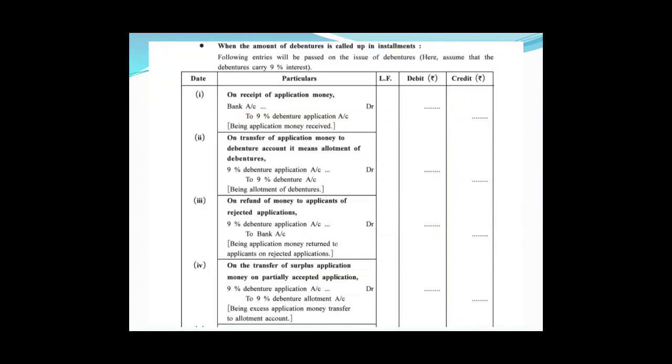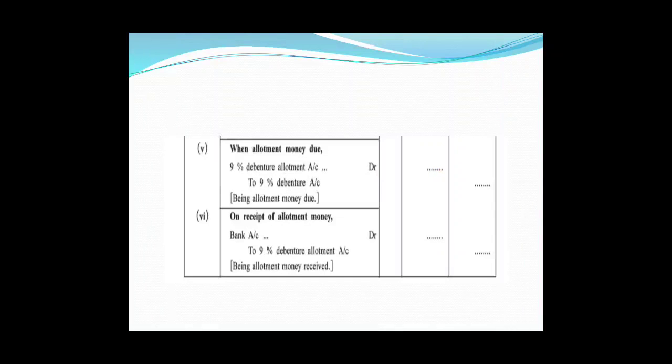Now after applications comes allotment. Allotment money is called up and then it is received. When allotment money is due, 9% debenture allotment account debit to 9% debenture account. Again I would like to tell you, here it is assumed that debentures are of 9%.